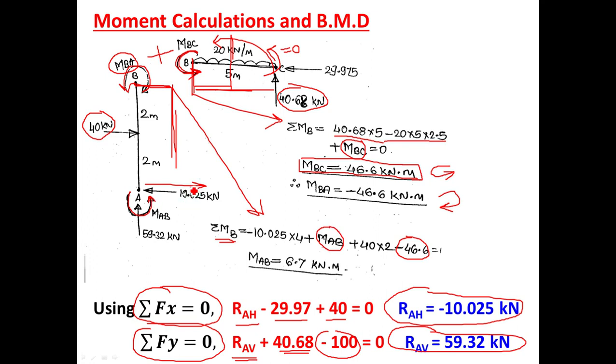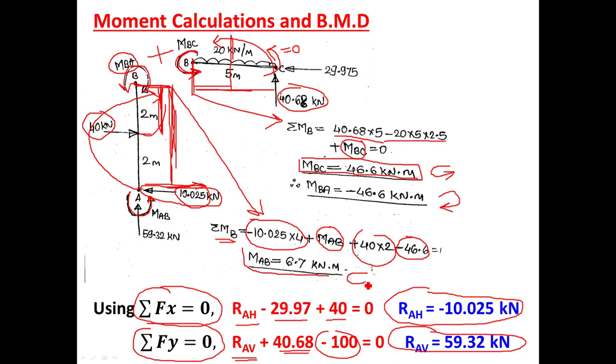Now moment of this horizontal reaction 10.025, that is RAH, perpendicular distance is 4, and it will produce clockwise moment, so it is 10.025 into 4, clockwise means minus, and the last moment because of 40 kilonewton, perpendicular distance is 2, and it produces anti-clockwise moment, so positive 40 into 2. So if you solve this, you will get MAB 6.7, answer is positive, means anti-clockwise.